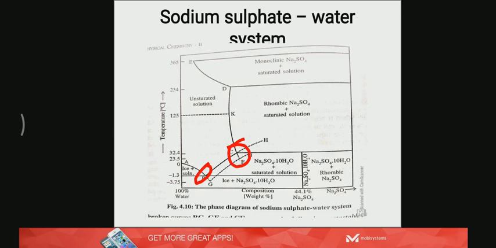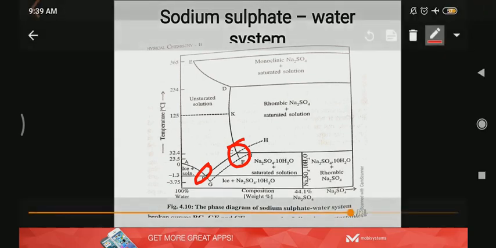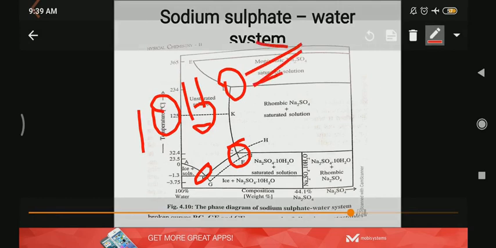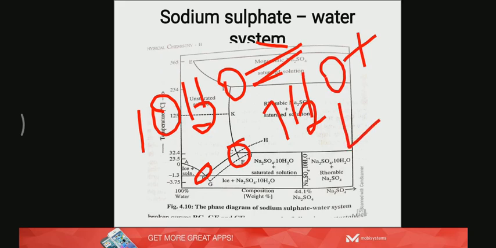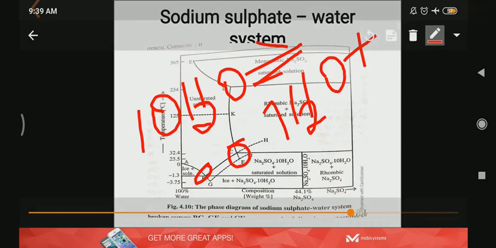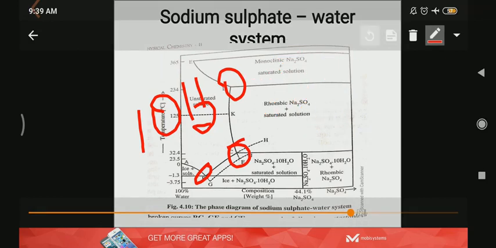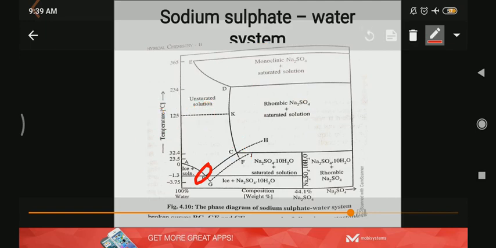So the peritectic reaction here is Na2SO4 10H2O melts into a liquid having different composition and another solid, that is 7H2O plus solution or liquid. This is the peritectic reaction taking place. So that is also invariant because 3 phases are in equilibrium, right? So it is a peritectic point and it is invariant.